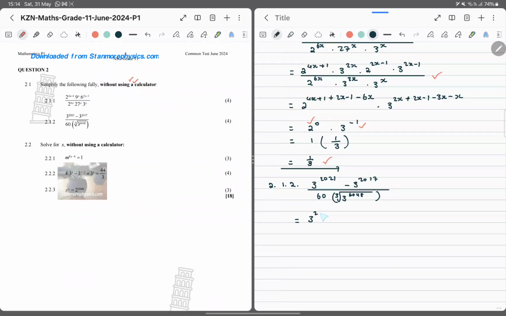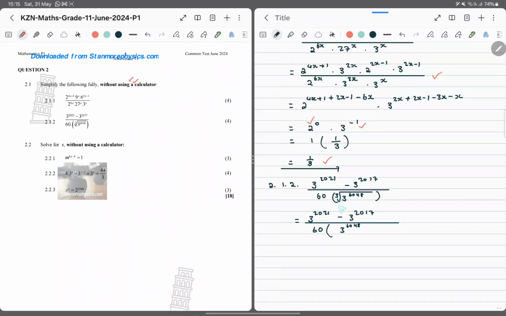So this is 3 to the 2021 minus 3 to the 2017, divided by 60 times 3 to the 6048. Do I really need these brackets? I don't need these brackets.